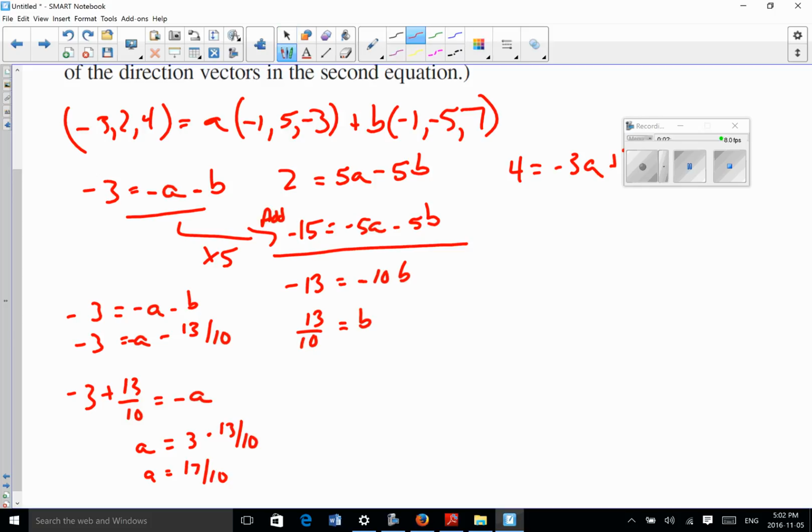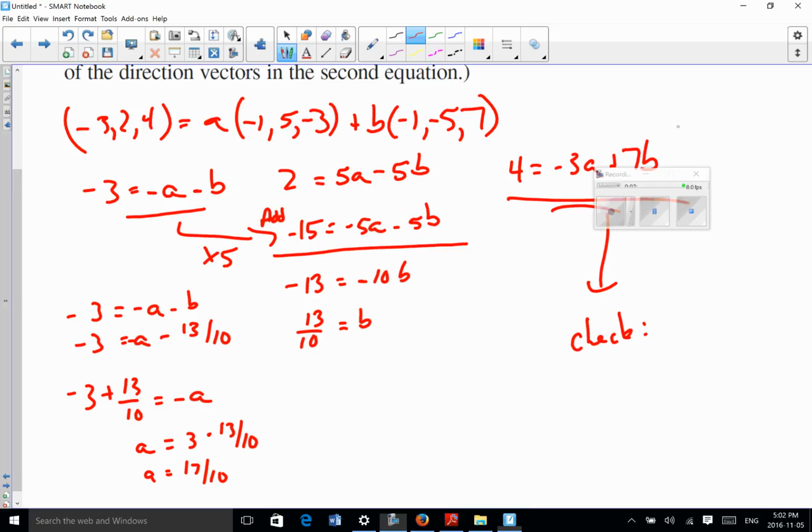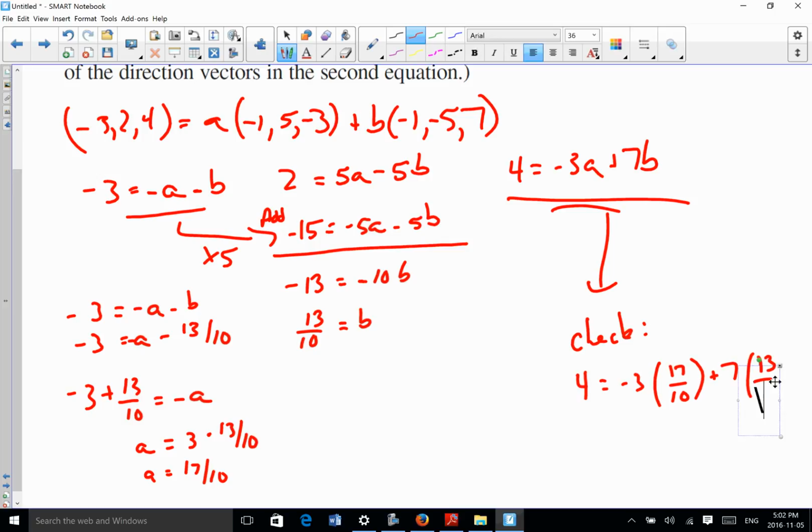Okay, we take our third one, that was this one up here. We'll do our check. Our check says 4 equals negative 3 times a, which was 17 over 10, plus 7 times b, which was 13 over 10. And what do we get for a check here?